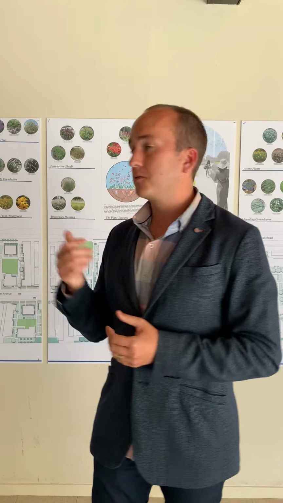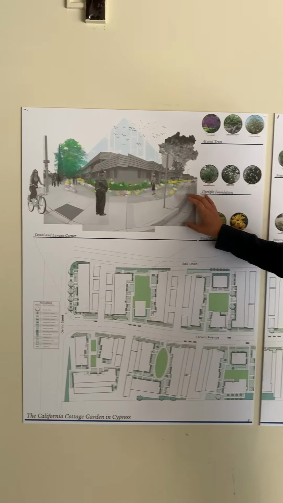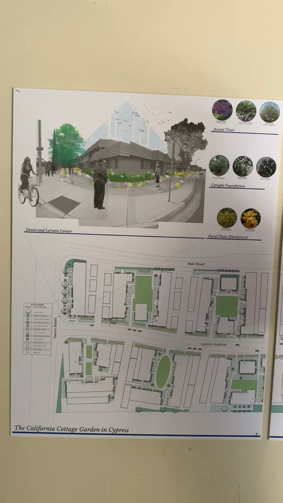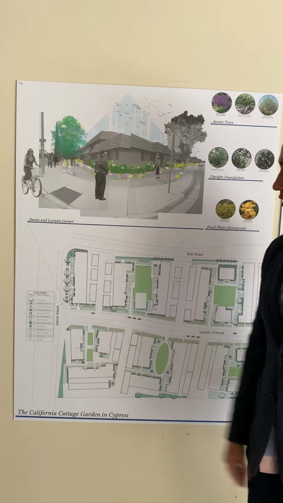Now I'm going to walk you through the board so you can see how this design concept applies throughout the community, and then touch on some other plants that will support this idea as well. Starting at the top left, we have the main render. This is Denny and Larwin.